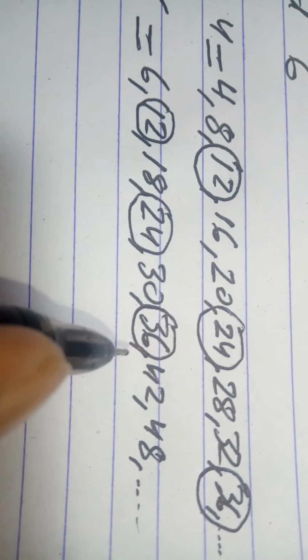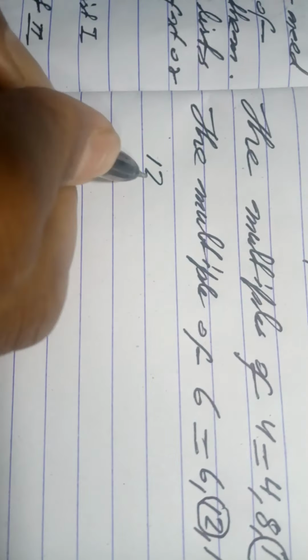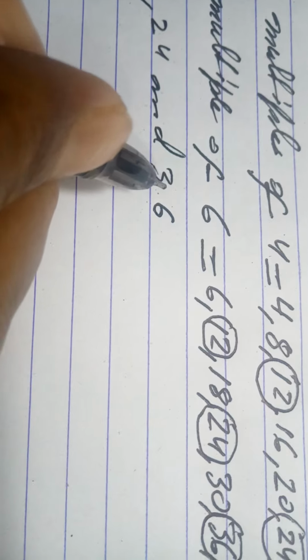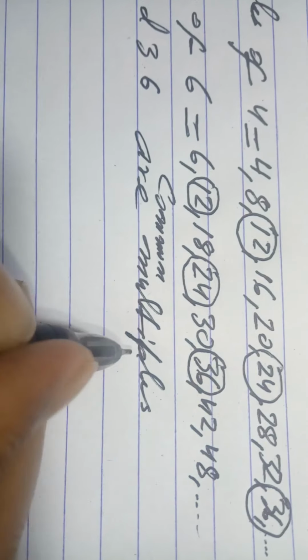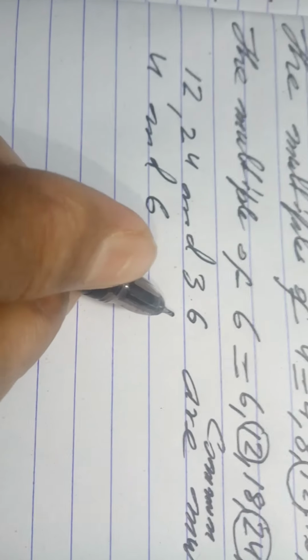So 12, 24 and 36 are common multiples of 4 and 6.